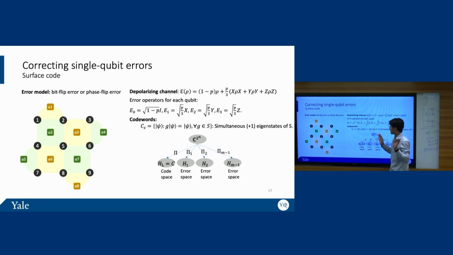That's the code space. So everything should start with the +1 eigenstates. That's my code words. Suppose one of the stabilizers is flagged -1, that is projected to the first error space, and we'll be able to tell what error occurred in this subspace.